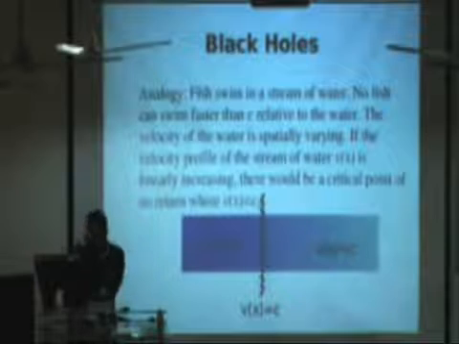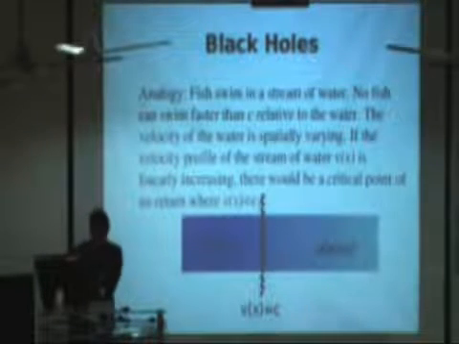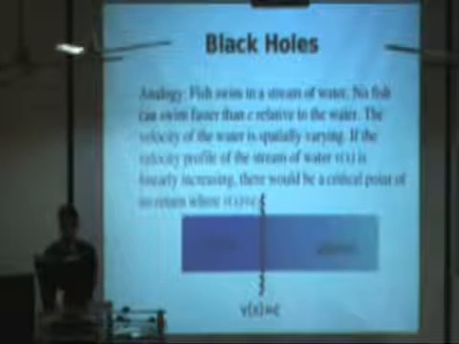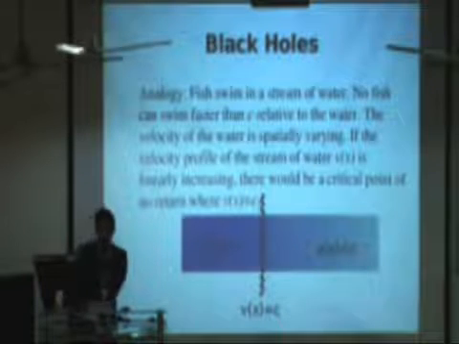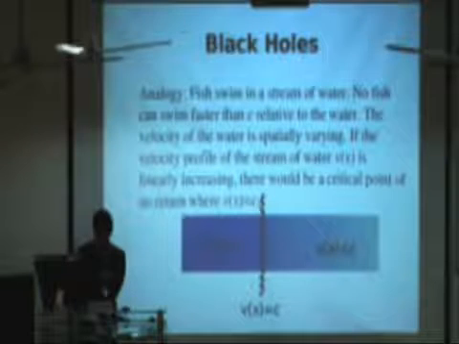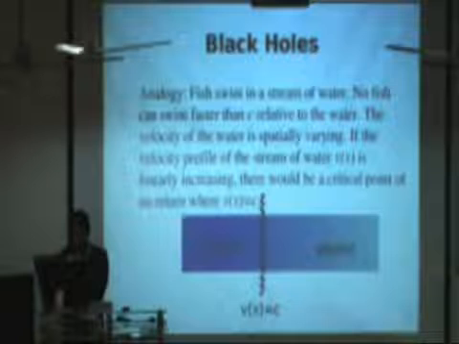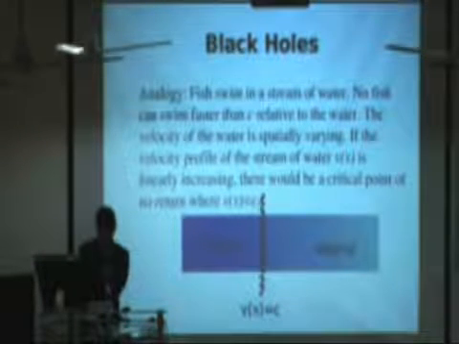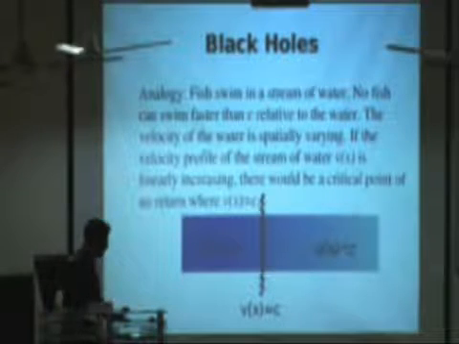An analogy for a black hole, in terms of easily understandable physics, is to consider a fish swimming in a stream of water, such that no fish can swim faster than a speed c relative to the water. If the velocity of water changes with location, like near a waterfall, you can imagine a velocity distribution such as this.